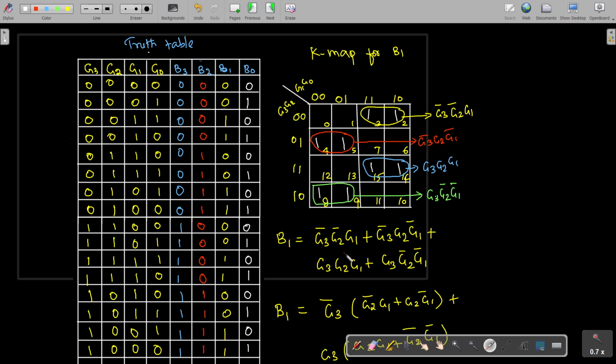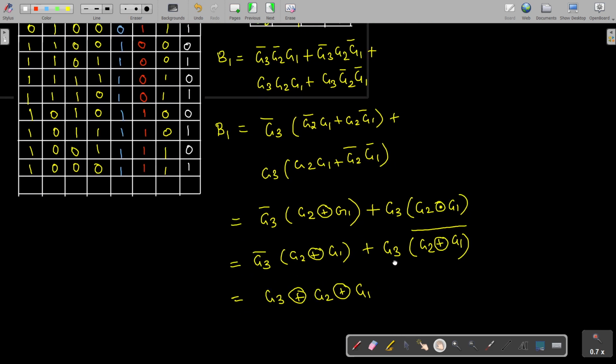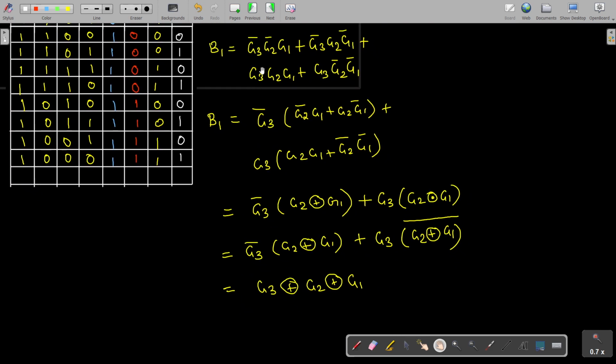So the answer for B1 is, we have to combine all these 4 terms, isn't it? G3 bar G2 bar G1 plus G3 bar G2 G1 bar plus G3 G2 G1 plus G3 G2 bar G1. Okay. Now if you look at this, for these two terms G3 bar is common, so we take it outside.